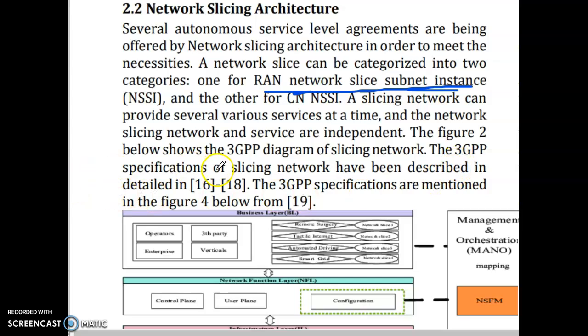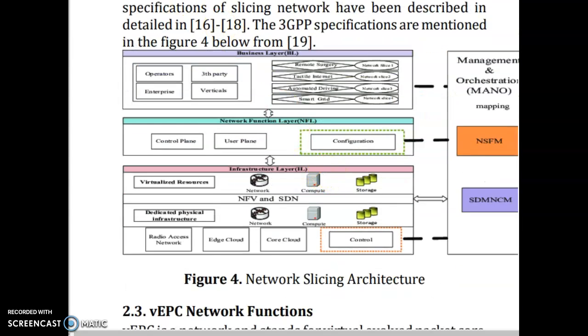The 3GPP specifications of slicing network have been described in detail, and are mentioned in the figure below. Here, business layer, BL: operators, third party, enterprise, verticals.